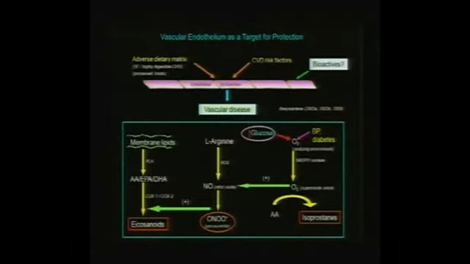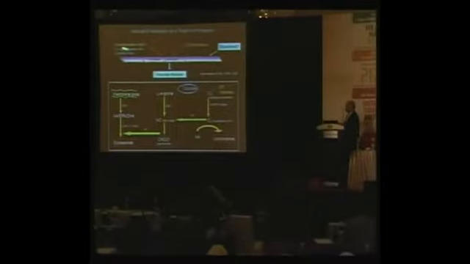So if you look at the bigger picture, now we have a reasonable body of evidence to say that this could be used as a bioactive ingredient. If you look at where we're going to target this, we picked this mechanism because of endothelium as a target. If you look at the development of heart disease, particularly relevant to Southeast Asia and the developing world, I strongly believe, and we have evidence now, there is an adverse matrix interaction.